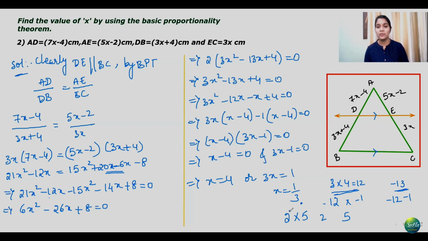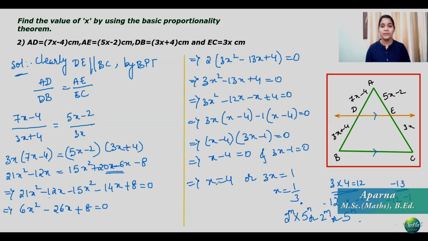The product of 2 or 5 means 2 to the power m into 5 to the power n, or in the form of 2 to the power m, or in the form of 5 to the power n. So if the denominator is not expressed in any of these forms, then we decide the given rational number is a non-terminating decimal number. So we cannot take the non-terminating decimal number for the value of x, since measurements cannot be non-terminating. So our value for x is only 4.